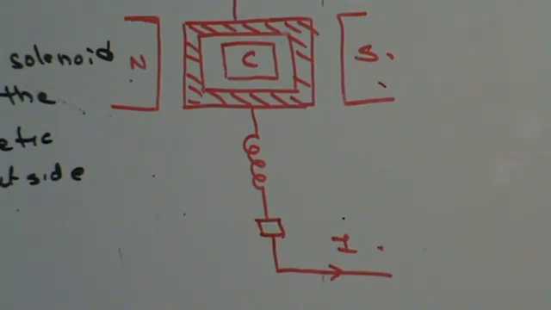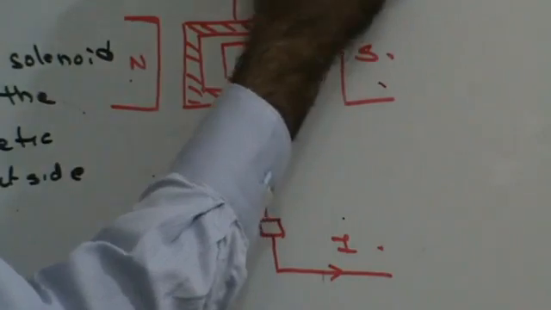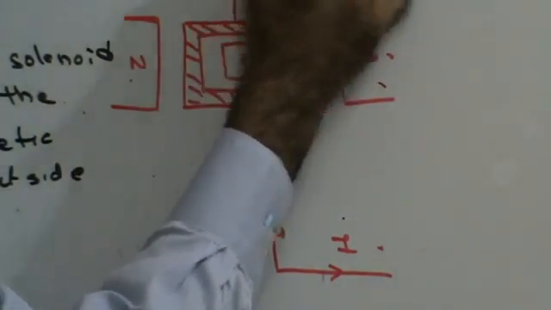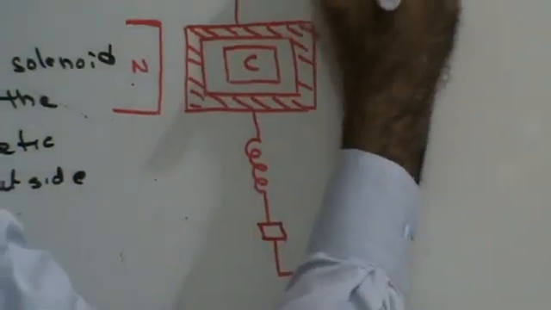Between the poles. The coil is suspended by means of a thin fiber of phosphorus bronze strip. This particular strip that you have is your phosphorus bronze strip.